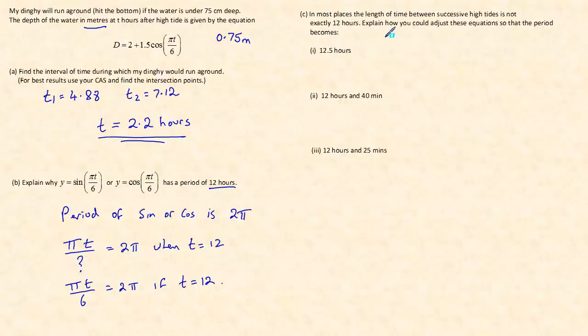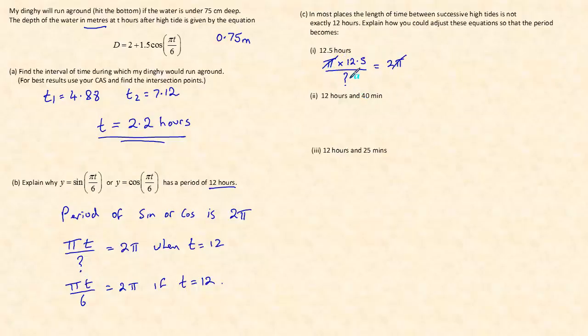In most places, the length of time between successive high tides is not exactly 12 hours. Explain how you could adjust these equations so that the period becomes the following. So 12.5 hours. Following the sort of argument we had over here, we would need pi times 12.5 over a question mark to be equal to 2 pi.